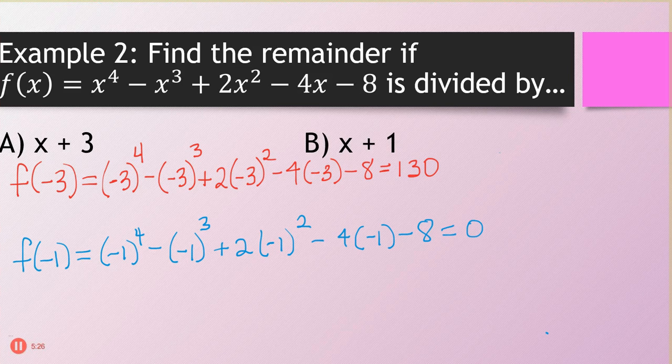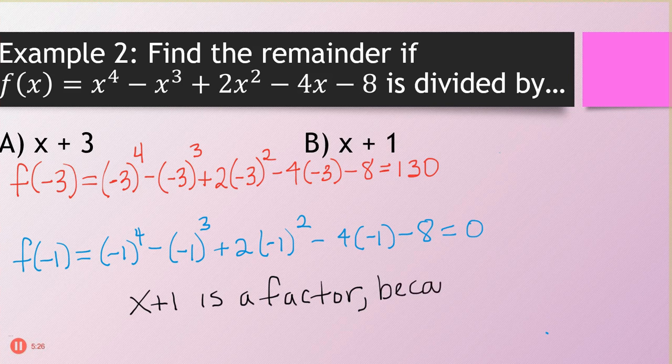Well, again, if you're dividing a number by another number and the remainder is 0, that means that that is a factor. So x plus 1 is a factor. It is a factor, and we know that because our remainder is 0.